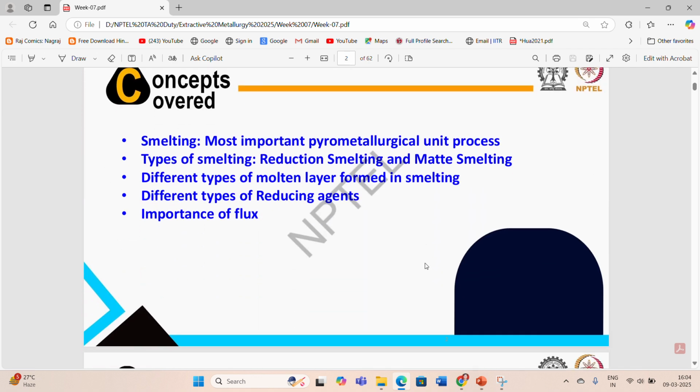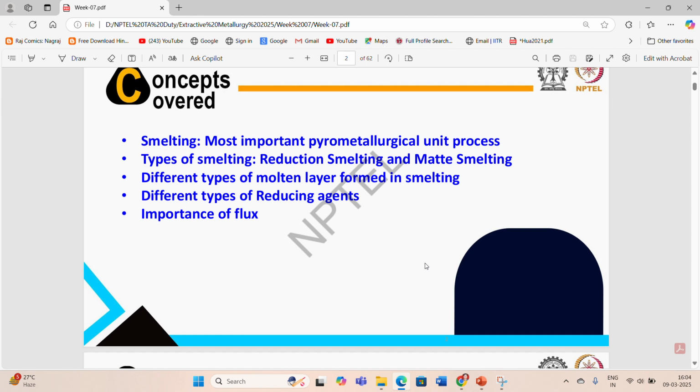So in the lectures before this week, we learned about the different types of furnaces and different types of heating processes like smelting, or we can say different types of roasting processes. We have learned about the refractory materials used in the different furnaces, like basic type of refractory lining and acidic refractory lining.